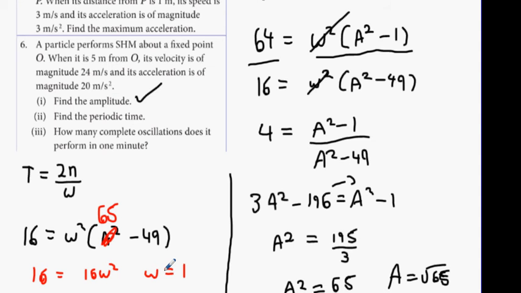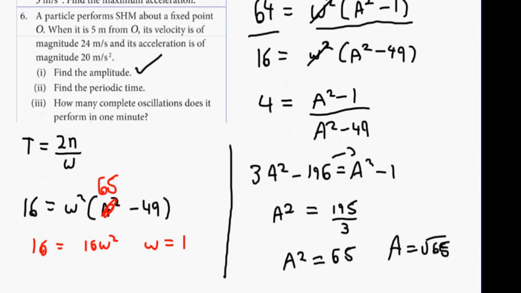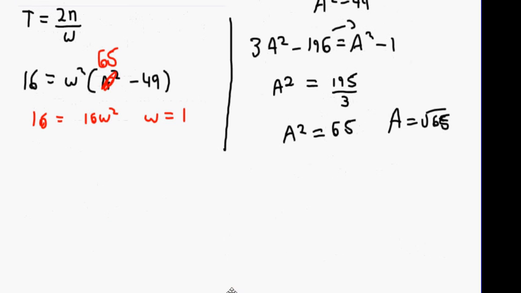How many complete oscillations does it perform in 1 minute? What's a complete oscillation? A complete oscillation is where it completes its full cycle. And how long does it take to do a full cycle again? What's the word we use?